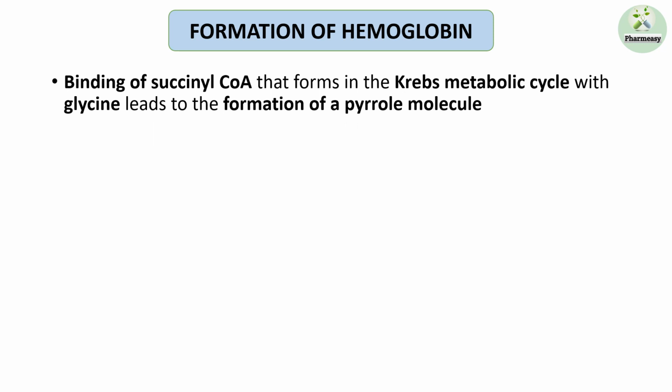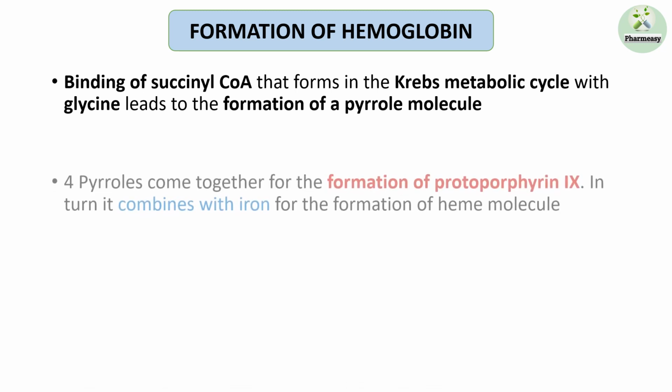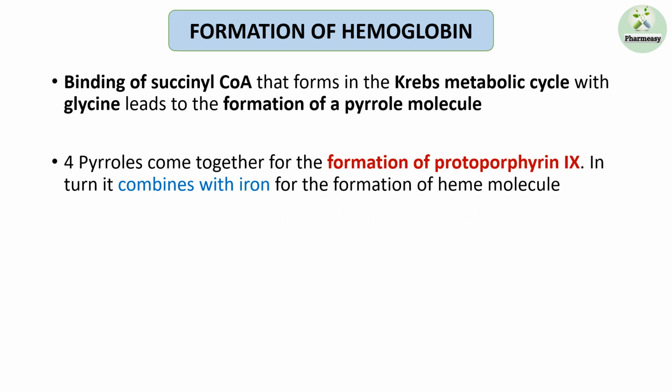There are various steps of formation of hemoglobin, as binding of succinyl coenzyme A that forms in the Krebs metabolic cycle with the glycine leads to the formation of a pyrrole molecule. 4 pyrrole molecules come together for the formation of protoporphyrin IX.